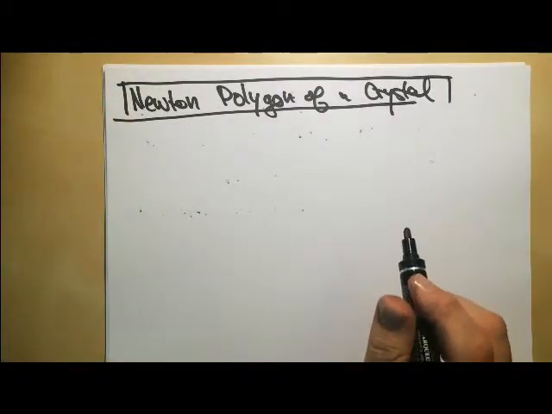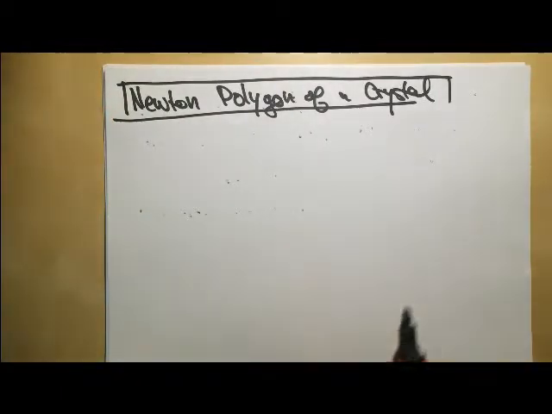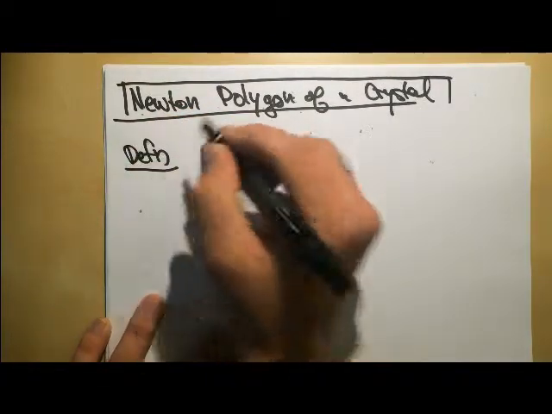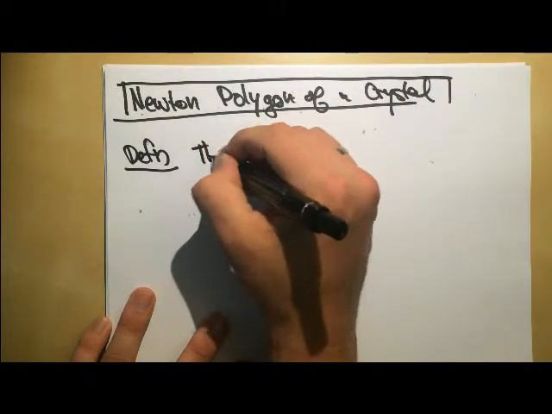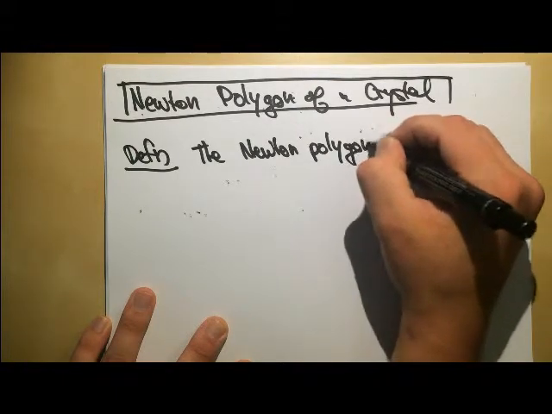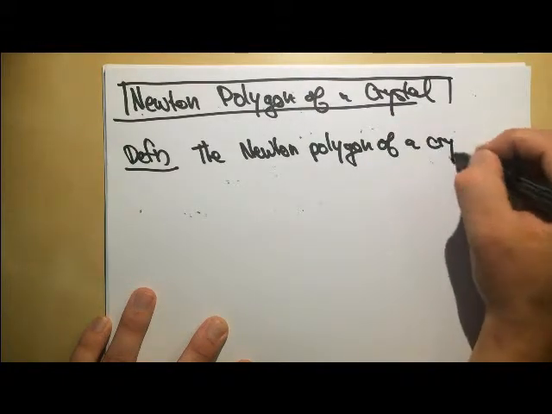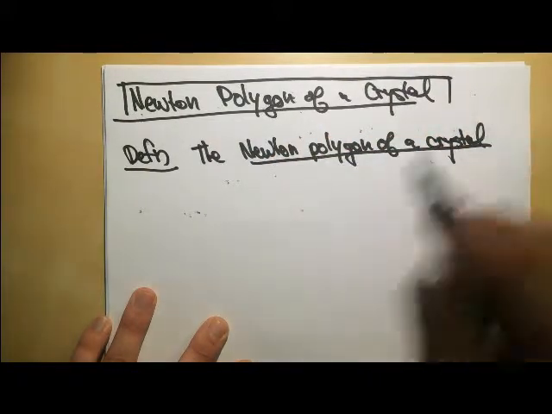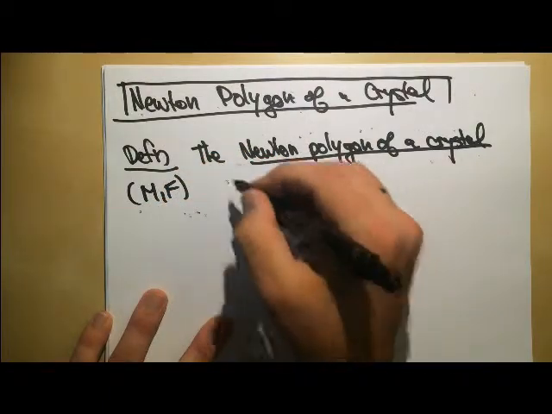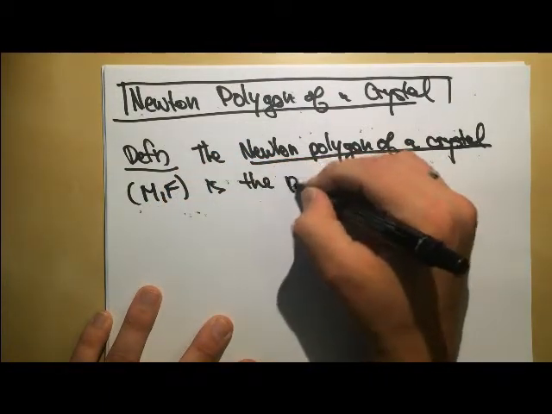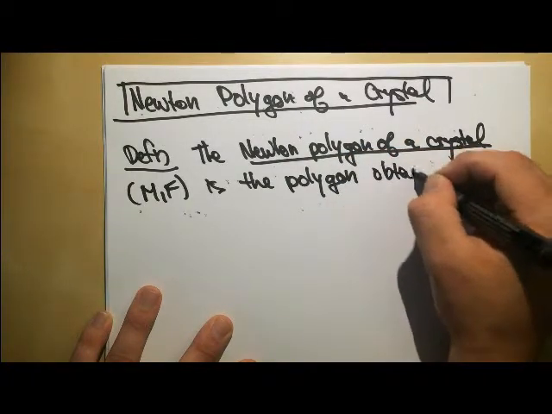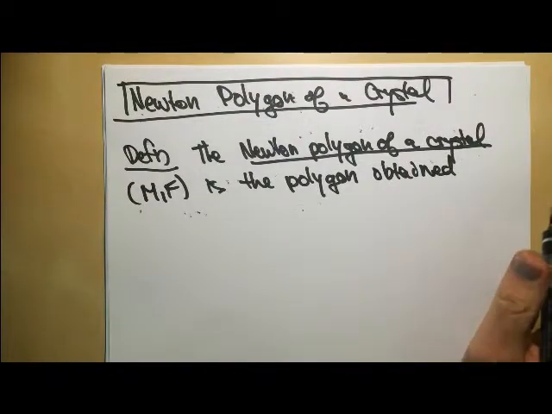Okay, so what we're going to do is, definition. The Newton polygon of a crystal. Okay, so is the crystal, and then we need MF, is the polygon obtained by... Okay, so let me just say this.